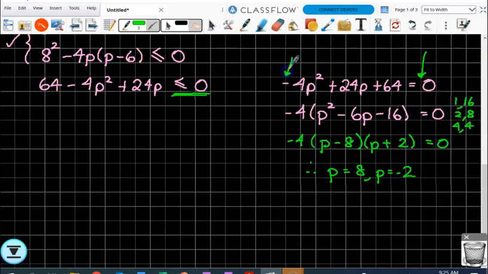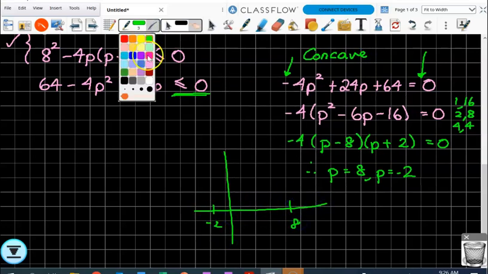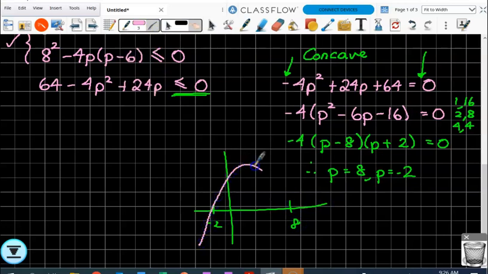Right, this negative, concave. So if I did a dodgy little sketch here, minus 2 and 8, could you now tell me for what values of x will this graph be less than 0?